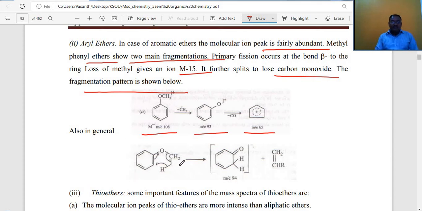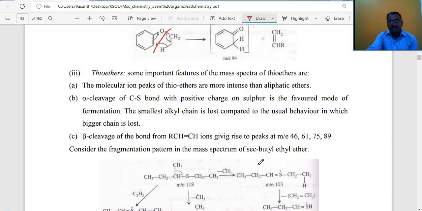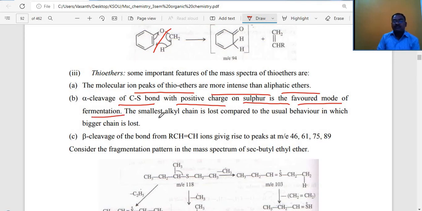This generally we have to return like that, to breaking of this bond, FCH2 CHR. The molecular ion peak of thioethers is more intense than aliphatic ethers. Alpha cleavage of the C-S bond with positive charge on sulfur is the favored mode of fragmentation.